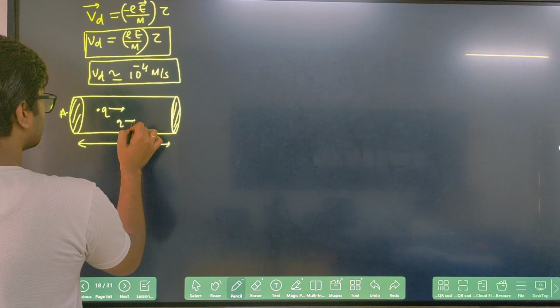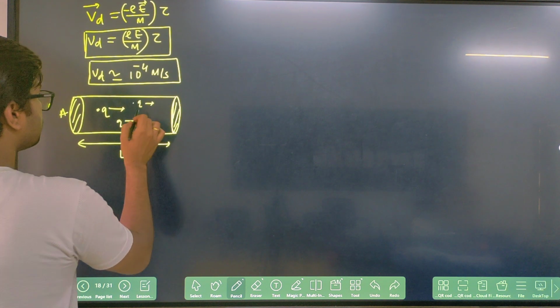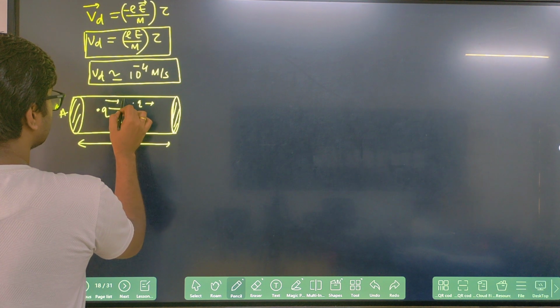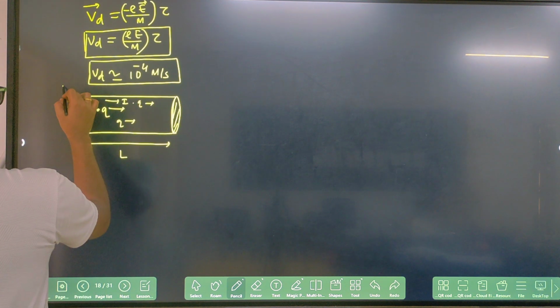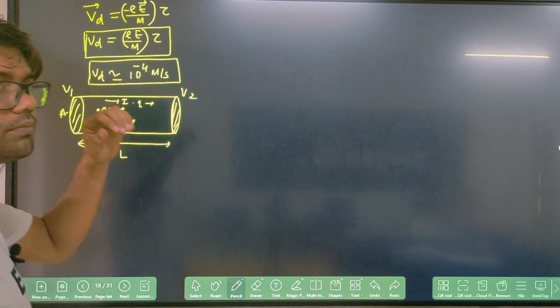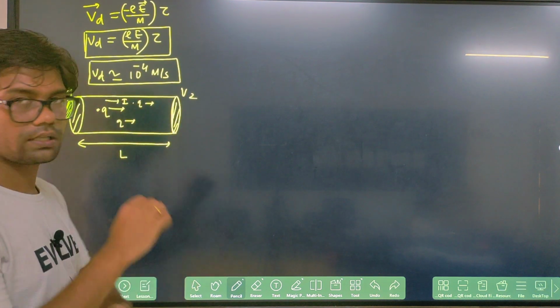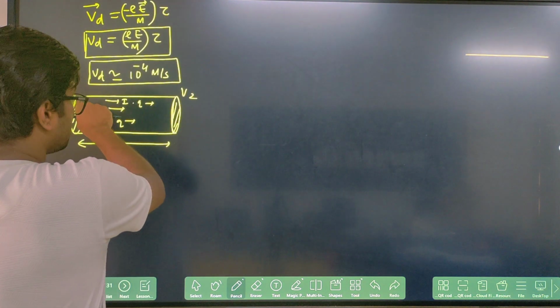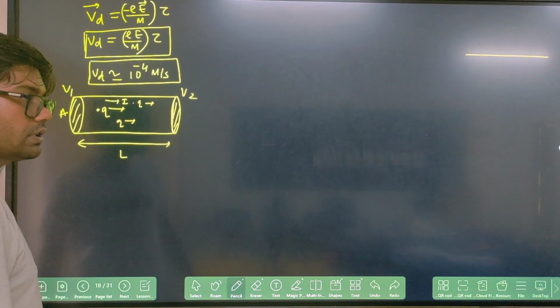Similarly, lots of charge is flowing along this direction. If you take a positive charge, the current direction will be along this direction, right? Obviously this side is V1 and this side is V2, so V1 potential is greater than V2. The positive charge is flowing along this direction.